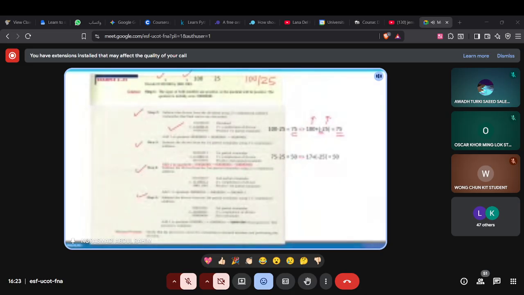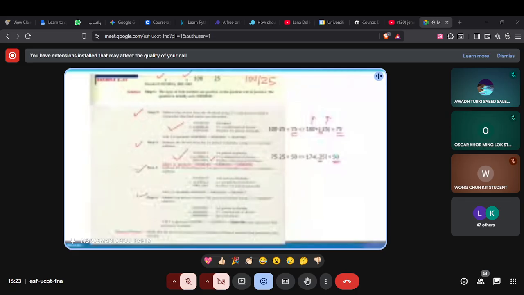Or if you want to use the addition method plus 2's complement, you must use 75 plus minus 25 is equal to 50. You will add, and you get 50 in decimal, and we convert to binary. If already in binary, you will get the answer in binary for 50.